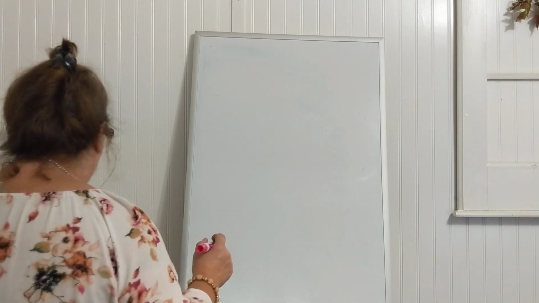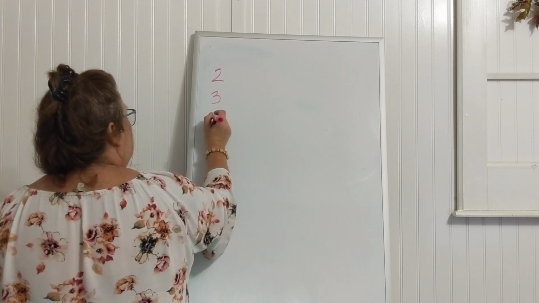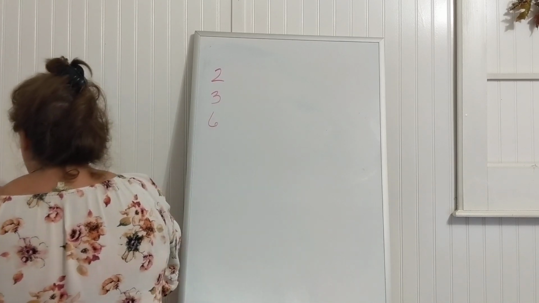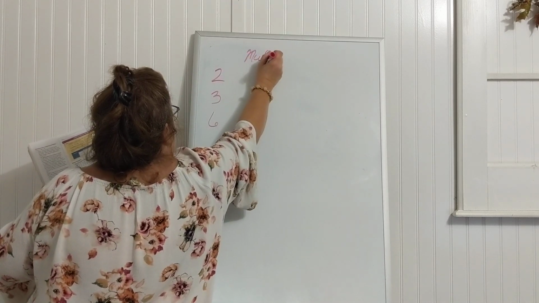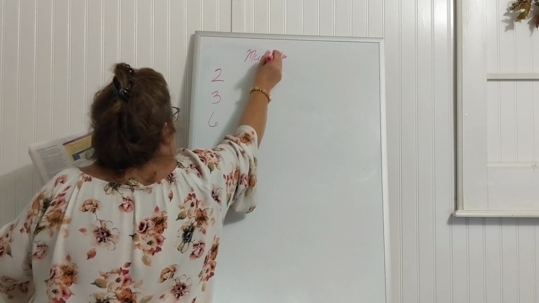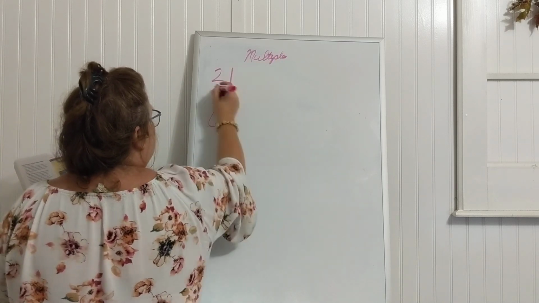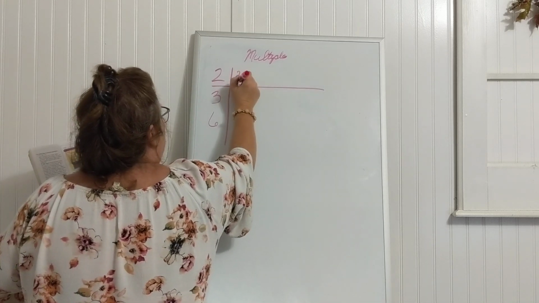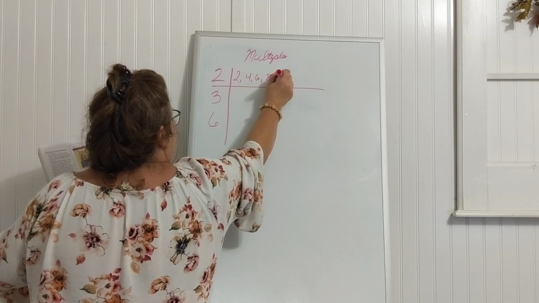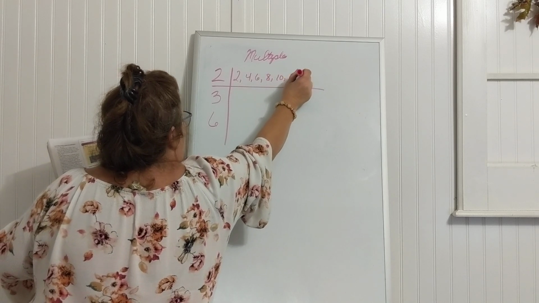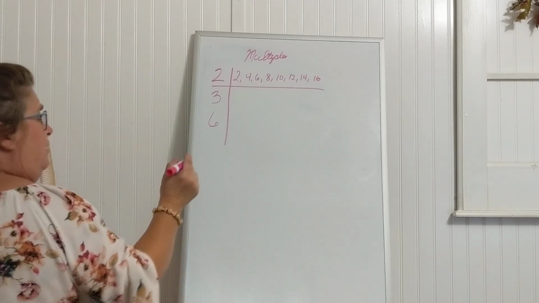So let's look at these numbers. We're going to look at 2, 3, and 6. So we are going to find multiples of 2, 3, and 6, okay? Multiples for 2 would be 2, 4, 6, 8, 10, 12, 14, 16, and we can go on and on and on.